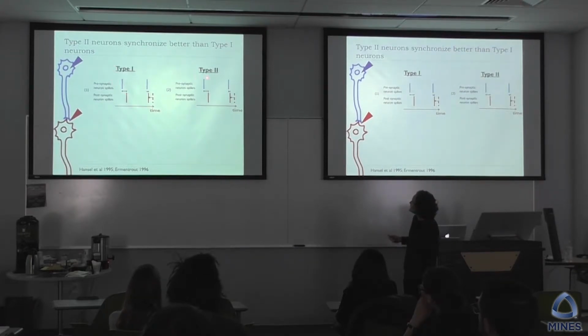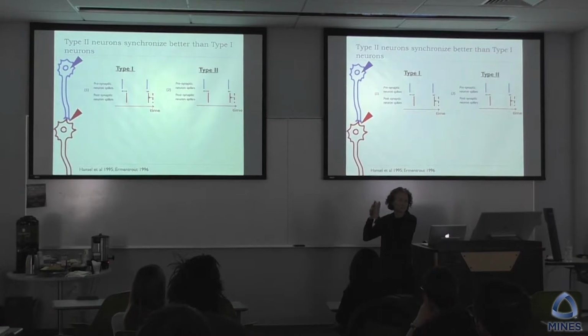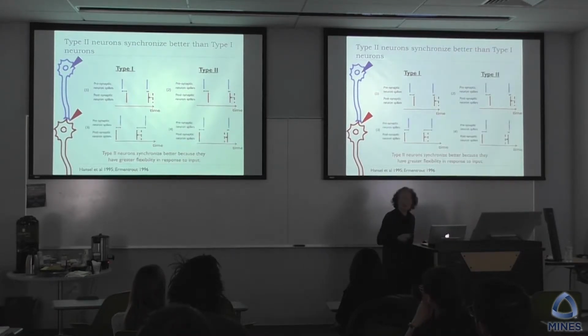Both the type 1 and the type 2 PRCs predict a phase advance in the timing of firing, meaning earlier timing of firing. So after this input, the next time the red cell should fire, it should fire a little closer to when the blue cell would fire. So in that case, we can definitely say we're going to get some synchronization, that the neurons should start to fire a little bit closer in time. But what about the opposite phase of firing, where the red cell fires its spike before it gets the input from the blue cell?